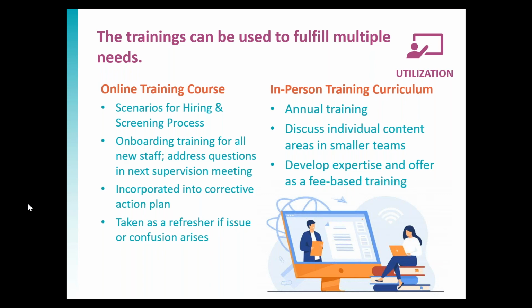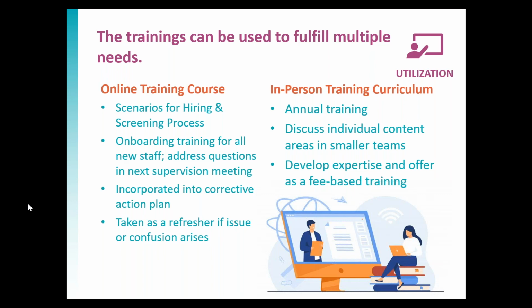For onboarding new staff who could be entering any time of the year, you may have an annual training, but if that happened last week and you have a new hire this week, they wouldn't get that for another year. But with this online training, you can really onboard people as they're joining the organization and have that baseline of understanding of the rights and the duties met.